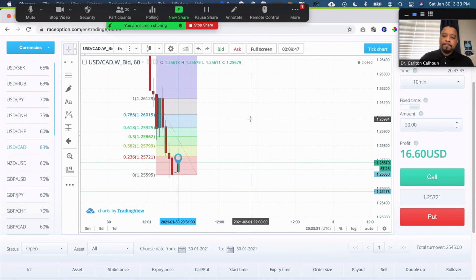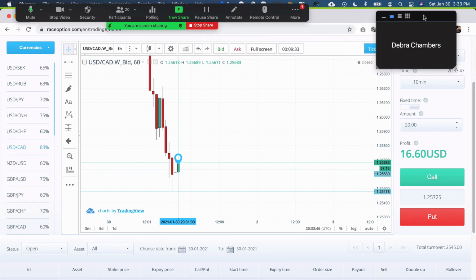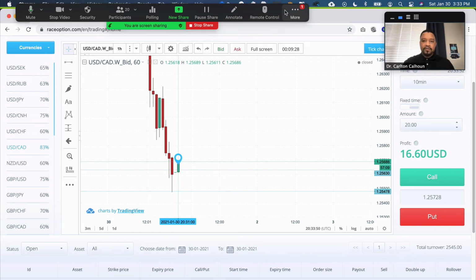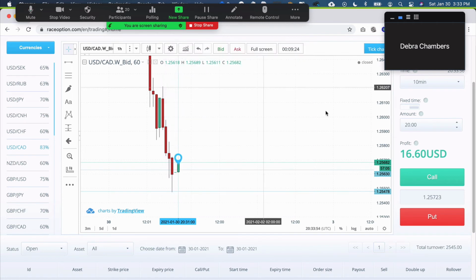But that's where we are. And I don't want to go to the tick chart because I don't want to lose my lines and stuff. But does that make sense what I just explained about the order and all of that stuff? Yeah. Cool.